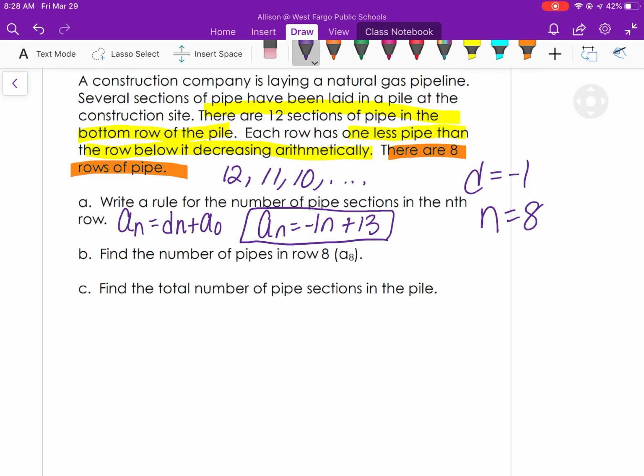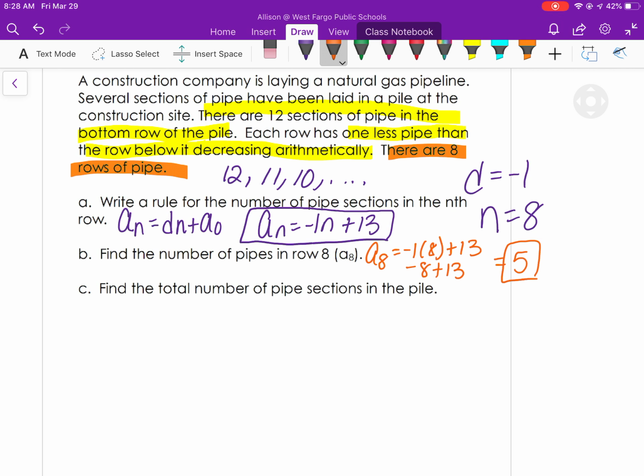Find the number of pipes in the 8th row, so they want a sub 8 essentially. So if I plug in 8 into my equation, I'm going to get -8 plus 13. In the 8th row, there are only 5 pipes. Remember, it's decreasing every time, so the very last row has 5 pipes.